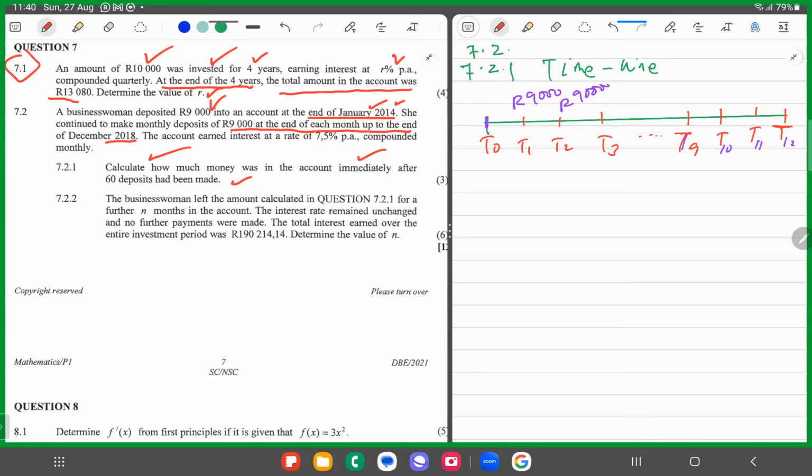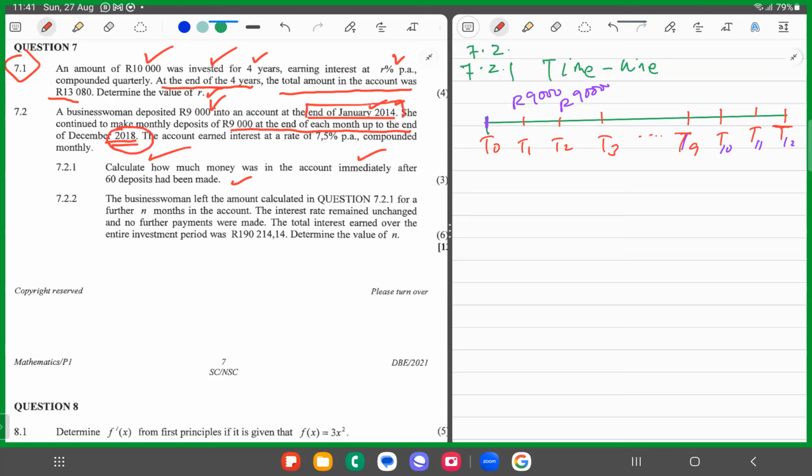She continued to make the monthly deposit at the end of each month up to the end of December 2018. Obviously this is much more than that, because it's 2014 and then 2018. So just note that, it's a couple of years now.